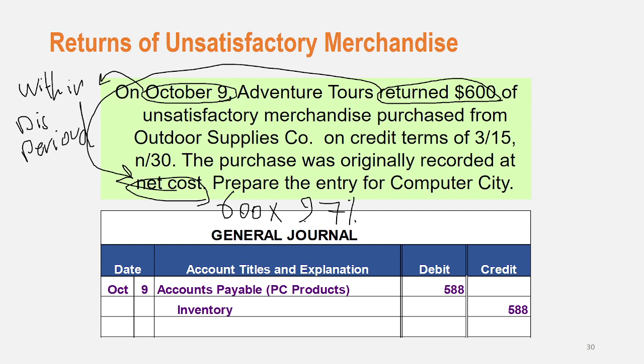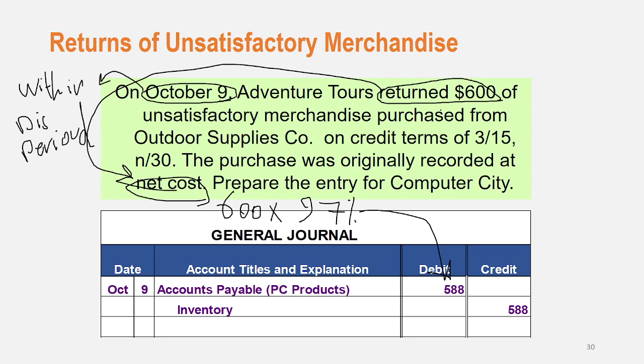So $600 multiplied by 97% equals $588. So $600 is the total value of returned goods, and this operation takes place within the discount period under the net cost method. So we consider the total amount after discounts, which is 600 multiplied by 97%, equal to 588. And we consider two accounts again for this purpose: accounts payable and inventory.